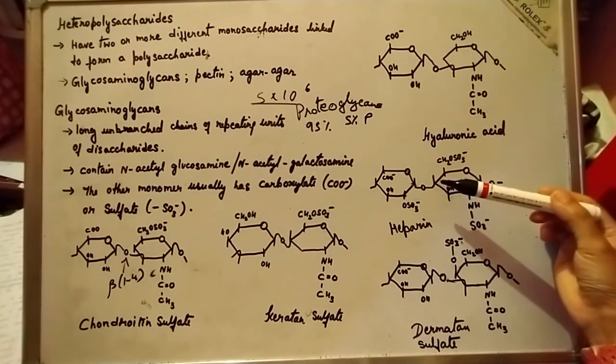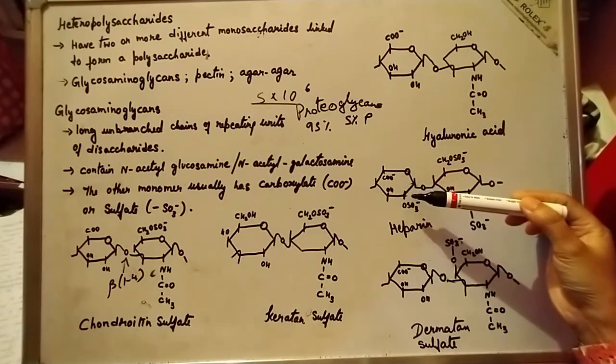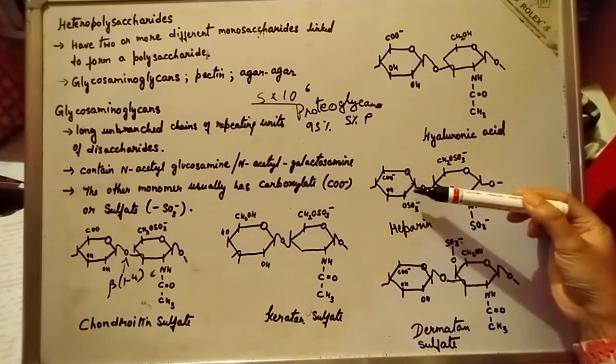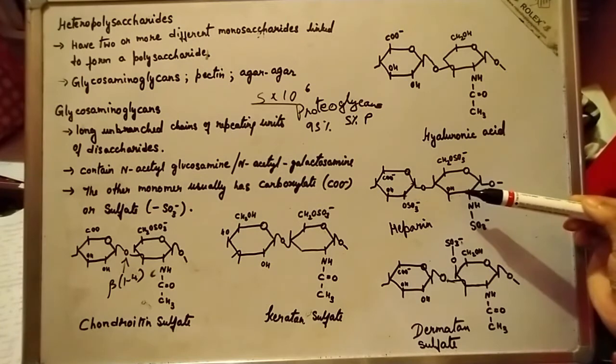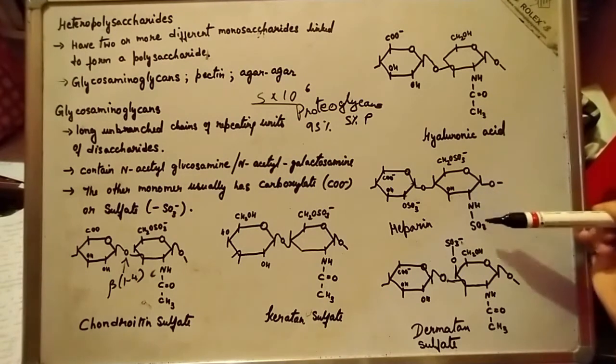The L-iduronic acid monomer here, as you can see, has the sulfate group at carbon number 2. It has the sulfate group which replaced the OH group at carbon number 2, whereas the glucosamine has the acetyl group replaced by a sulfate.